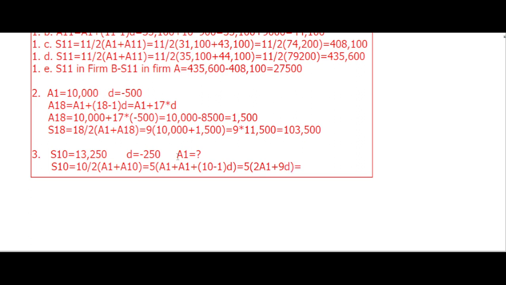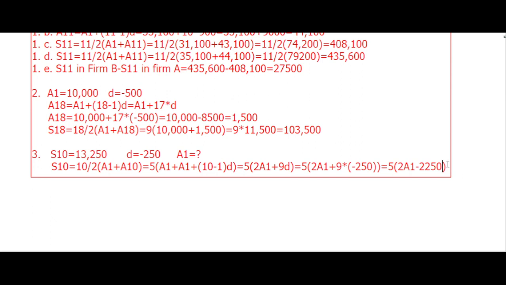This is equal to 5 times 2 times A1. We don't know A1, let's put it as it is, 2A1, plus 9 times D. D will be minus 250. So let's complete this again. This is equal to 5 times twice A1 minus 250 times 9, which is 2,250.